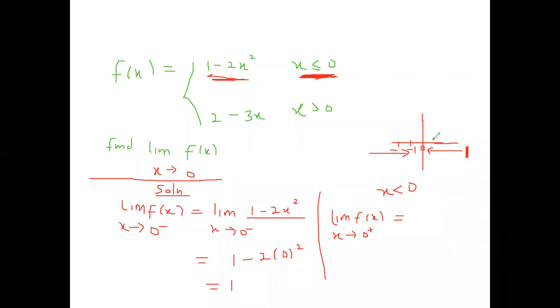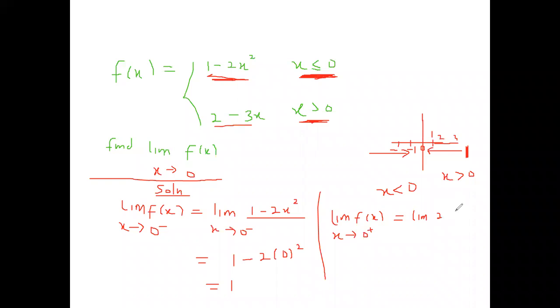So on the right hand of 0, we have positive values, which is x equals 1, 2, 3, and so on and so forth, which means that those values will be greater than what? 0. Okay. So if greater than 0, then we are on this domain, right? So which means that the function corresponding to that domain is what? 2 minus 3x.